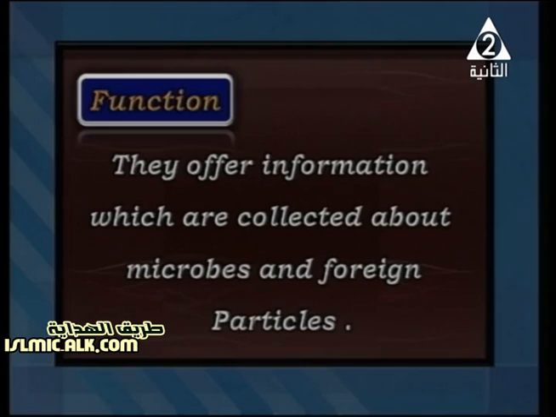As we said, T helper cells activate some cells, to activate the other cells. And we have another type that collects and gathers information about the enemy or the foreign particles inside your body. They are called the mobile or movable macrophages.